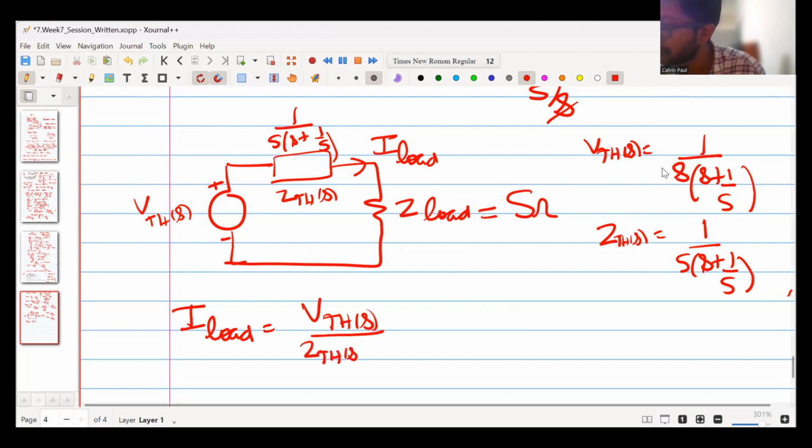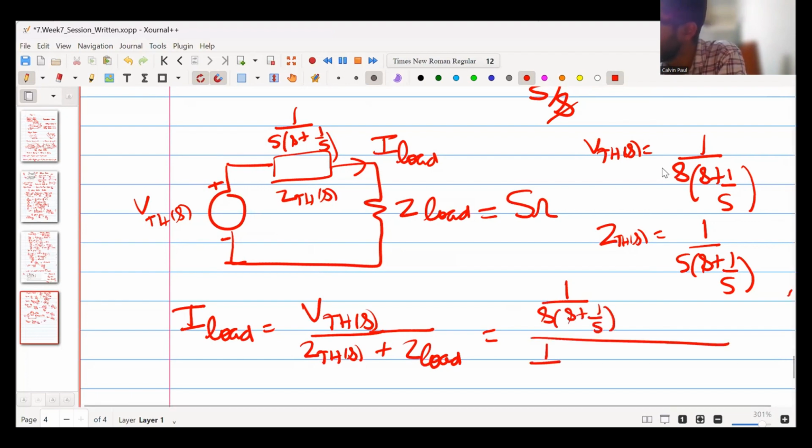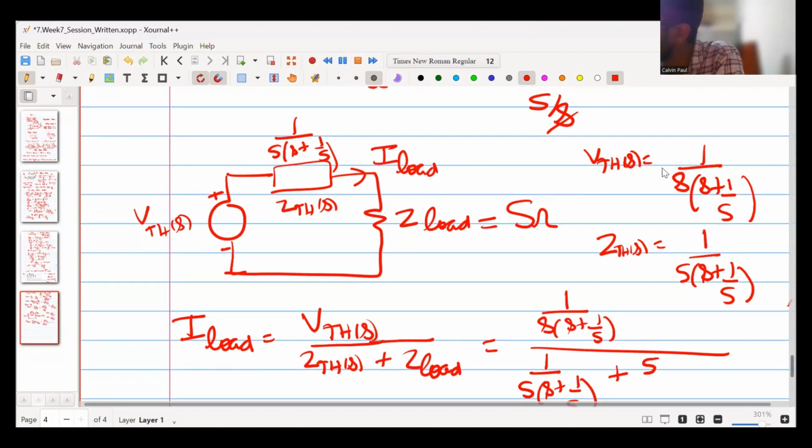Okay. So this is 1 by S upon S plus 1 by 5, divided by 1 by 5 into S plus 1 by 5 plus 5.